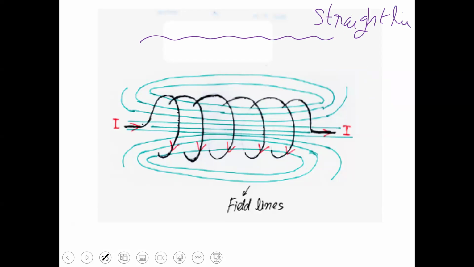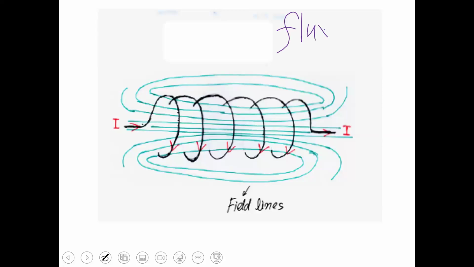So remember, I repeat my important point. Magnetic, electric, gravitational, all these lines are collectively what? Flux. Point number 1: field lines never cut each other. If you draw and these lines are cutting, the field is gone. Second, the lines should be symmetrical.